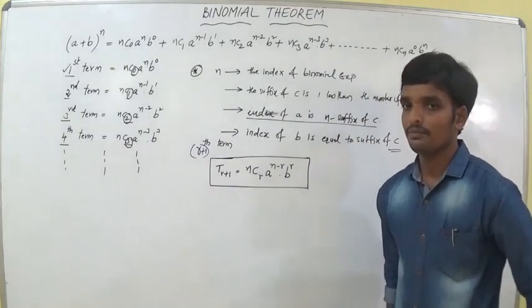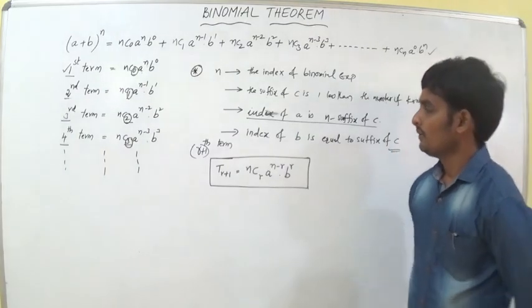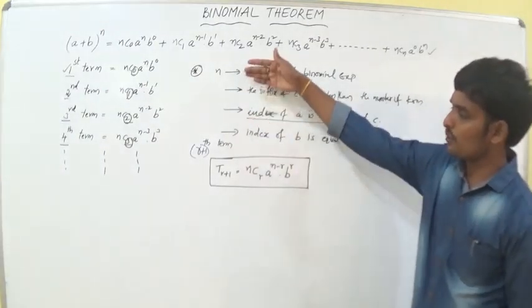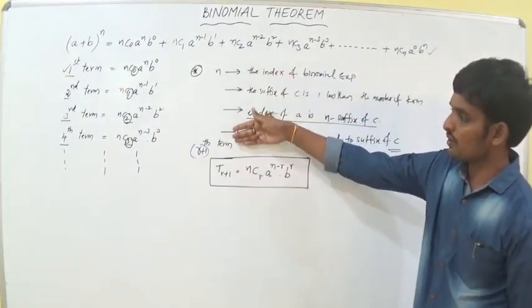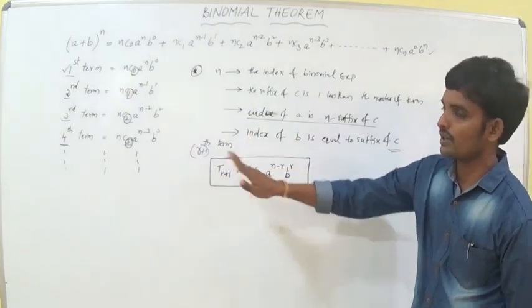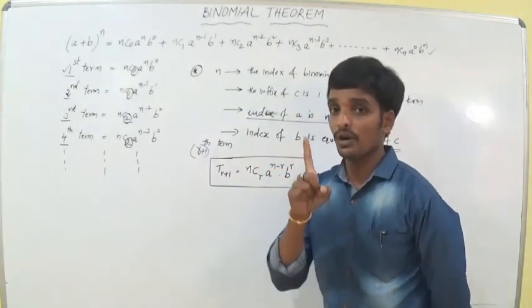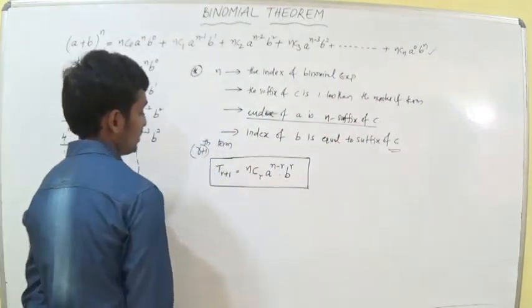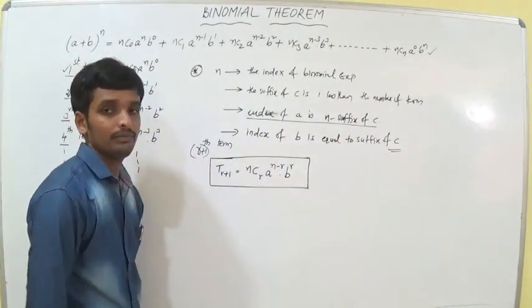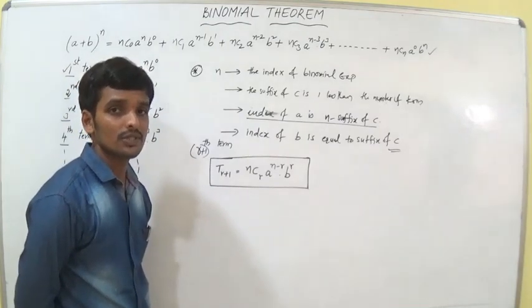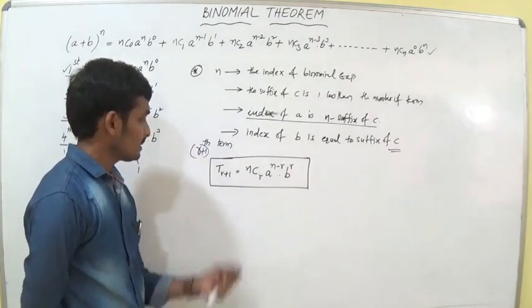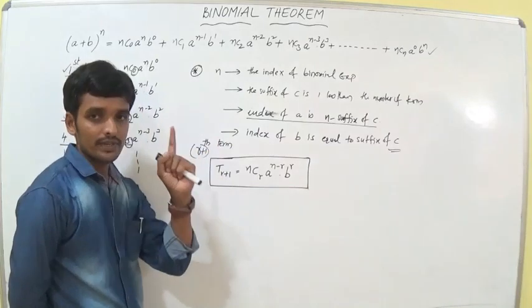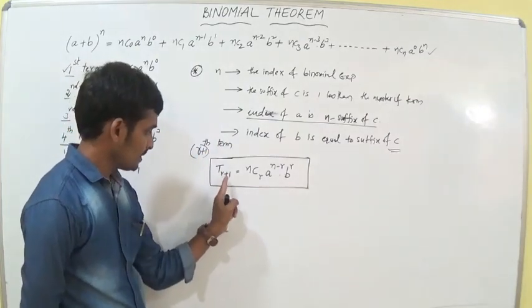I am telling you again. From these four examples, four observations, we have observed these four important points. From these we can write this. For example, if you want the first term, then you can take r is equal to 0. That means 0 plus 1 is the first term, so r plus 1 is 1.